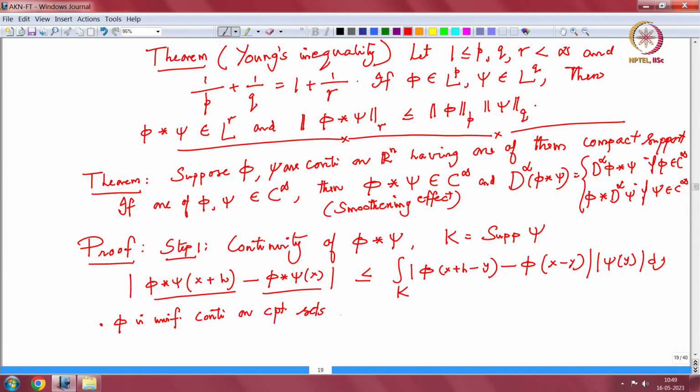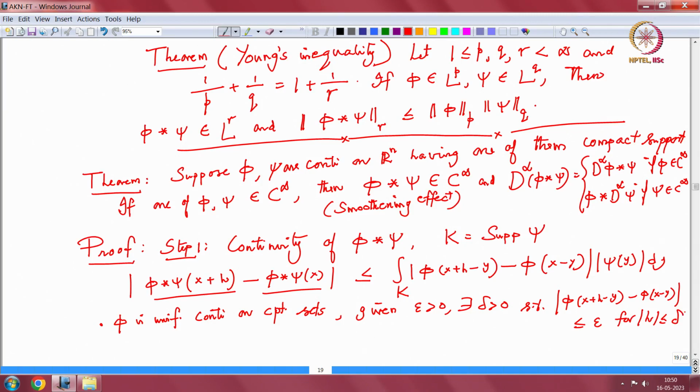Okay, given epsilon, there exists delta positive such that the modulus of phi of x plus h minus y minus phi of x minus y, if you are applying the inequality at the point x minus y, keep all that in mind, small changes, is less than or equal to epsilon for mod h less than or equal to delta.